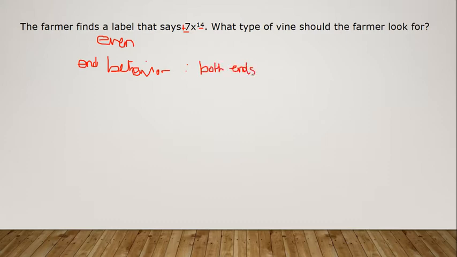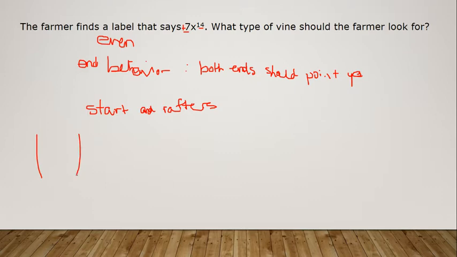both ends should point up. So a vine that he should look for would be one that starts and ends in the rafters, because we want both ends to go up.